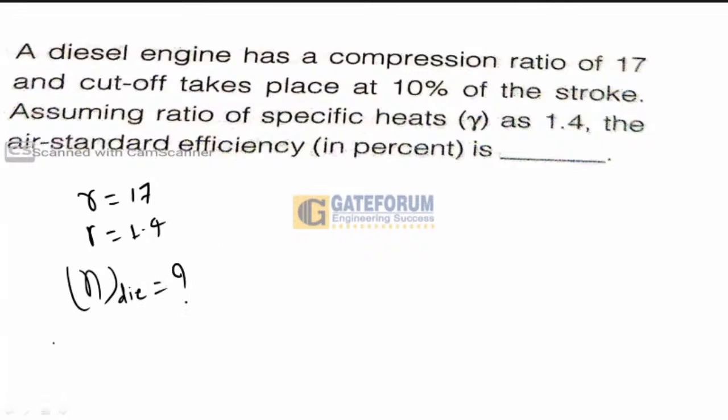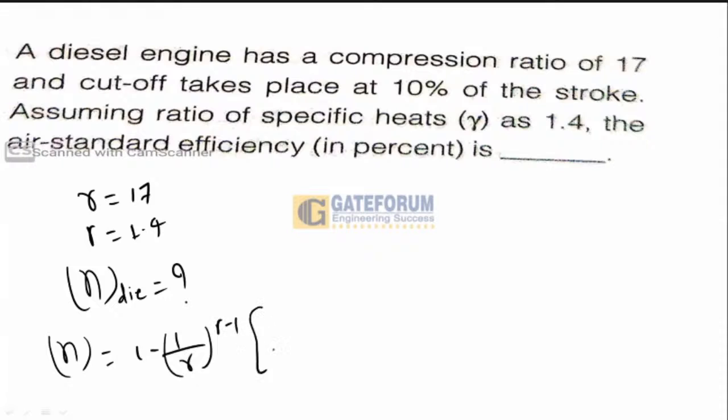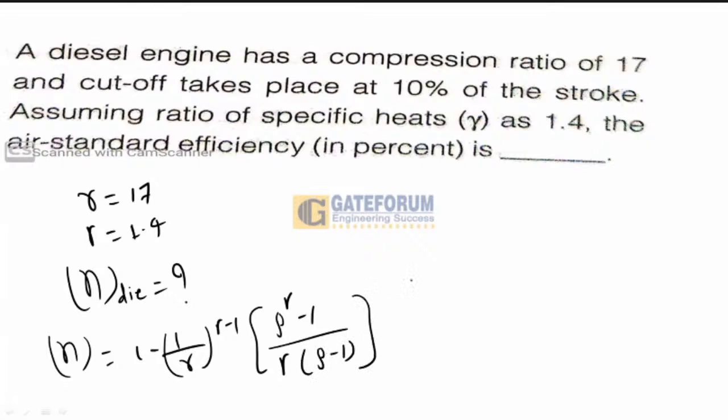So first write down the efficiency of the diesel cycle formula. You can write 1 upon r to the power gamma minus 1, into rho to the power gamma minus 1, upon gamma into rho minus 1. So this is the equation to calculate the efficiency. If you draw the diagram of the CI engine, it will be something like that.